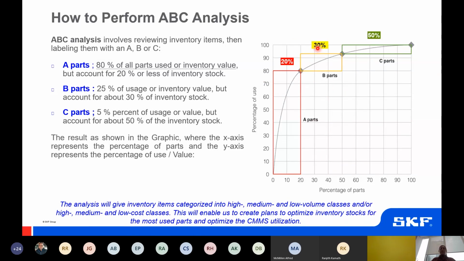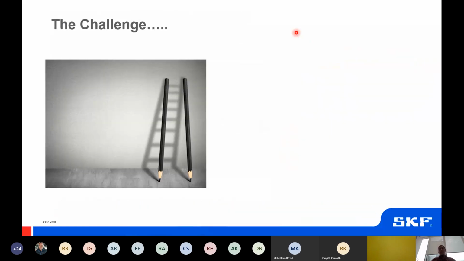By doing this, you may focus on the A part and some of the B part. Then you might start to look at the A part and how you classify it. The A part probably contains different spares from electrical, mechanical, instrument, and so on. So this is where the focus should be.